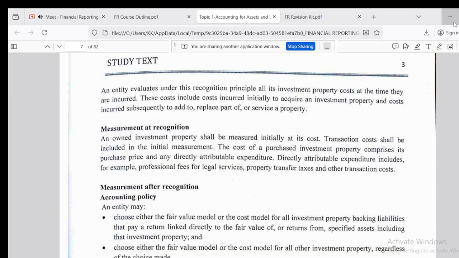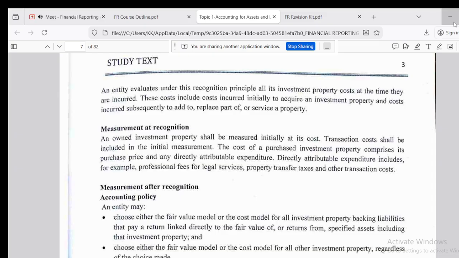When it is given an initial cost, let's use land for example, surveyors will come and measure the land, and there is a fee that you have to pay.